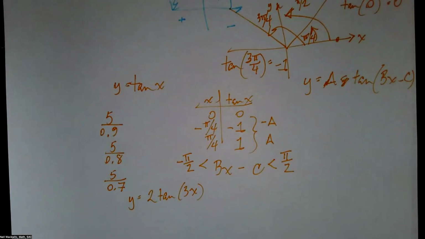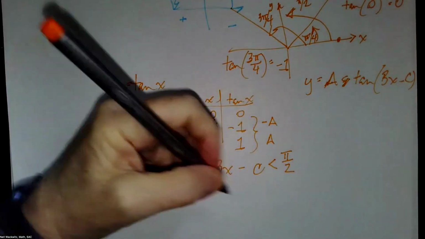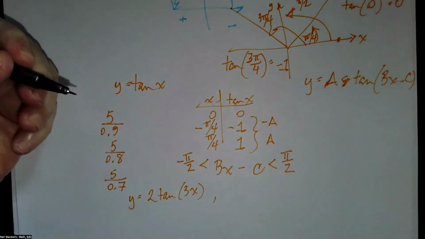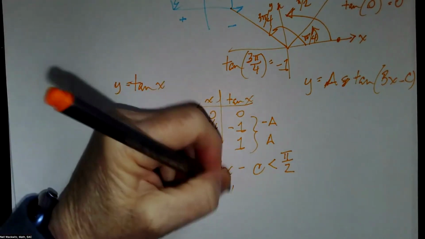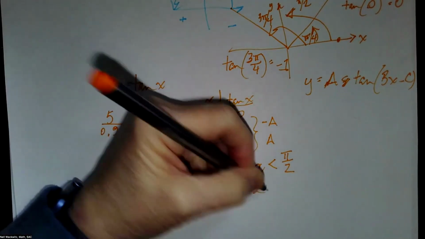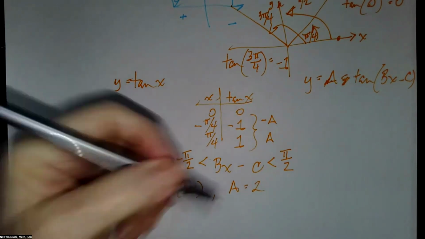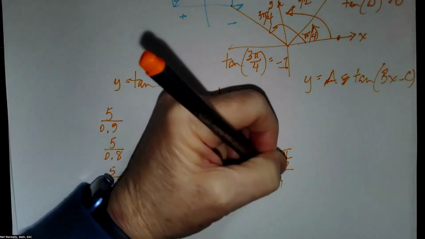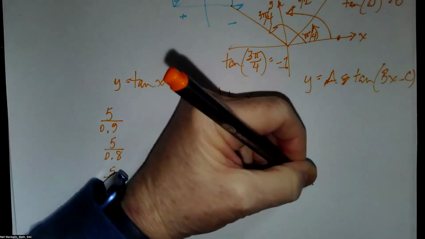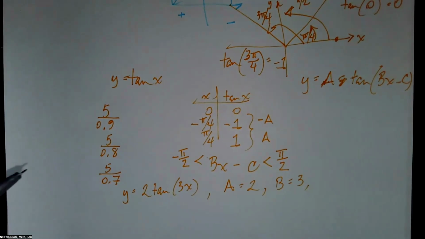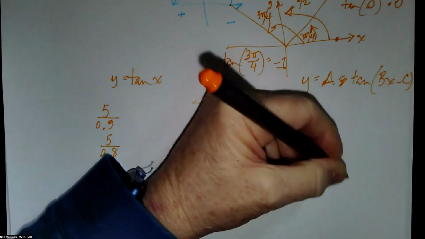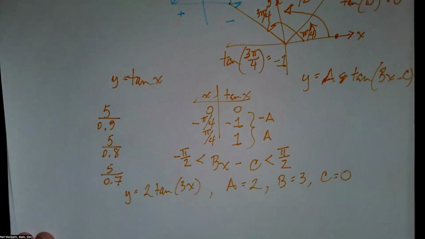So in this case, what is A, what is B, and what is C? A would be 2. Beautiful. Hi, Ben. B would be 3. Hello. And C? C and D are 0. 0. Good. Okay, awesome.